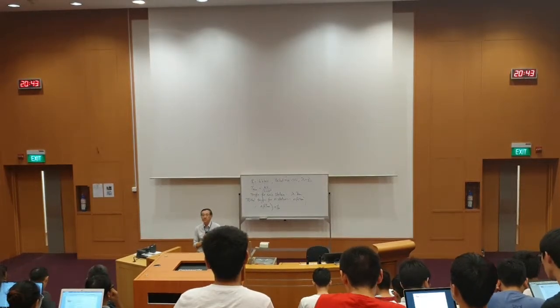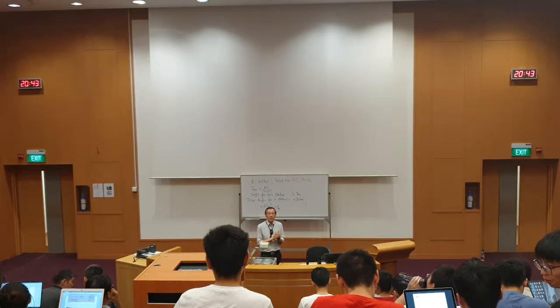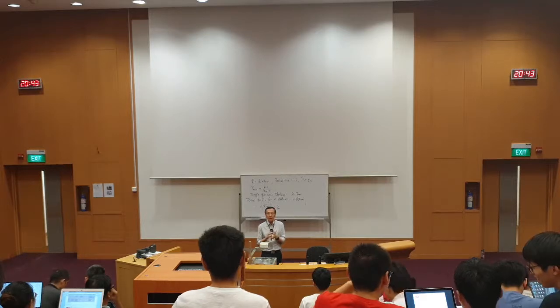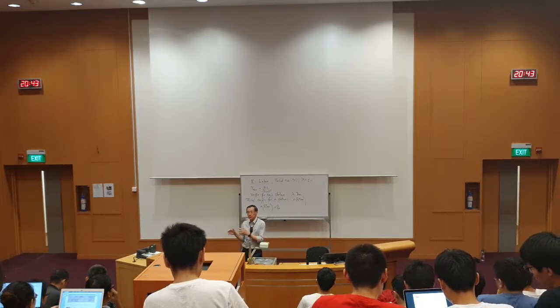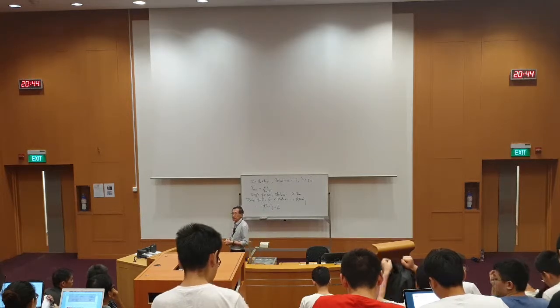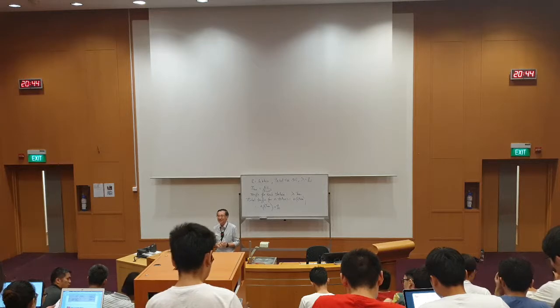Questions? If there are no questions, when we meet next week, I will go through the rest of tutorial 2, the last 2 questions, and whatever questions that are doable in tutorial 3.